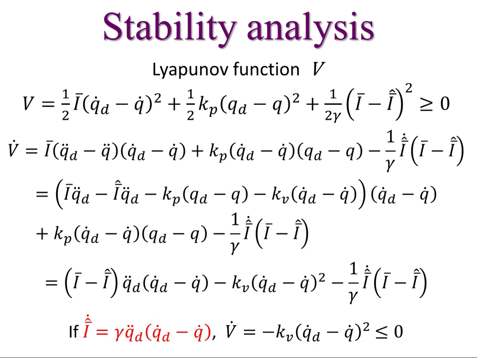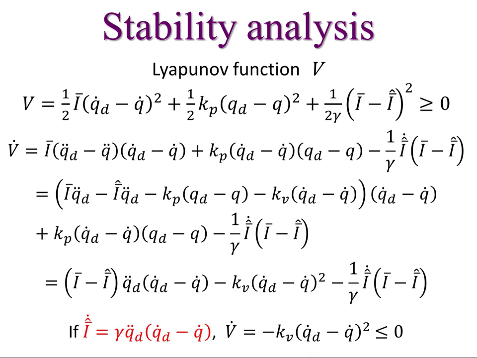Since the first and third terms both contain I bar minus I bar hat, let I bar hat dot be gamma QD2 dot (QD dot minus Q dot), and these terms cancel each other out. Therefore, we can guarantee the stability of the control system if we use the adaptive law as described so far.